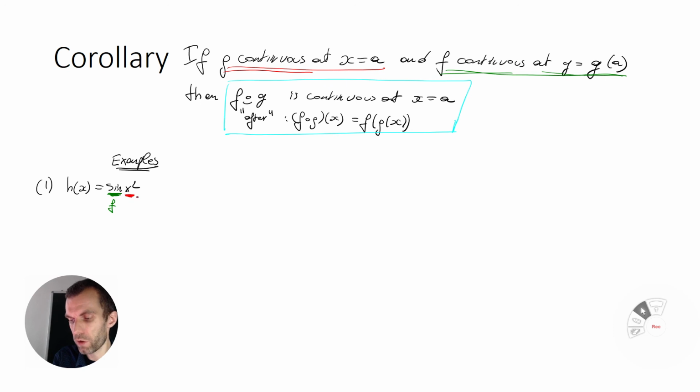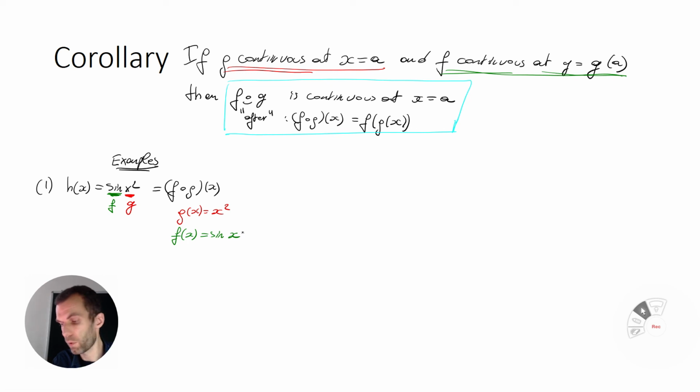The inner function, x squared, is my g. So we can write it as f after g of x, with g of x equal to x squared and f of x equal to sine x.